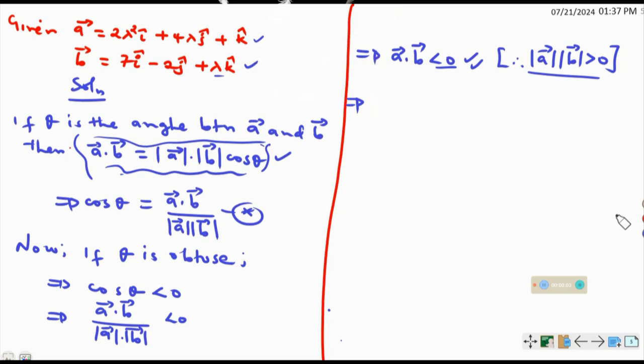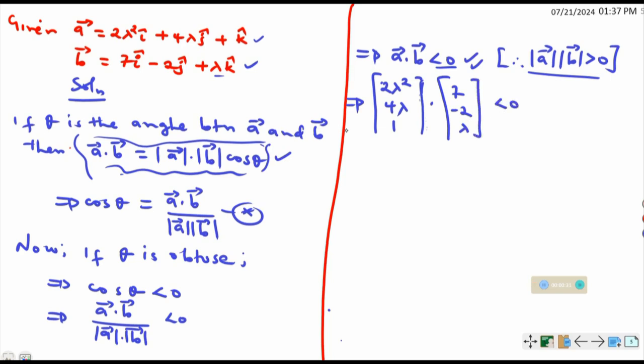Clearly, when I get A dot B, the result should be less than 0. But what is A? A is 2 lambda squared, 4 lambda, and 1. So we shall dot this one here with B, which is 7, negative 2, and lambda. So the result here should be less than 0.